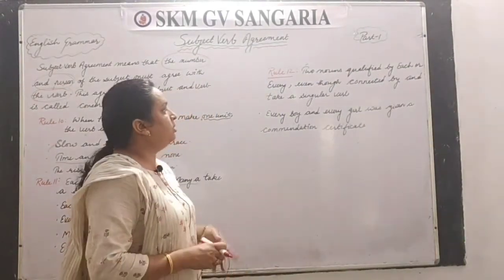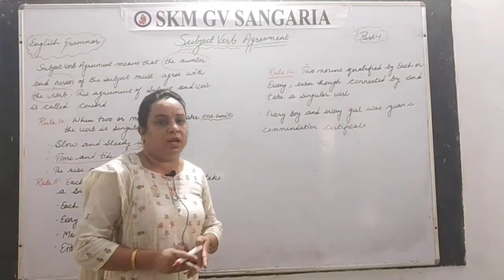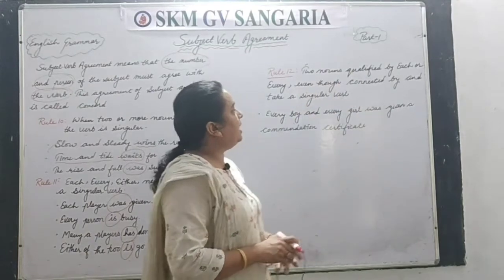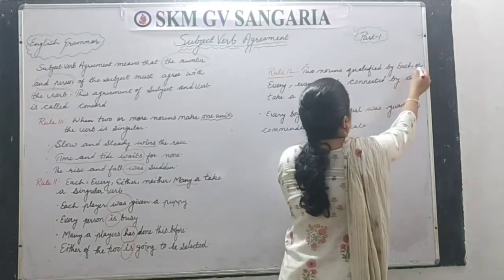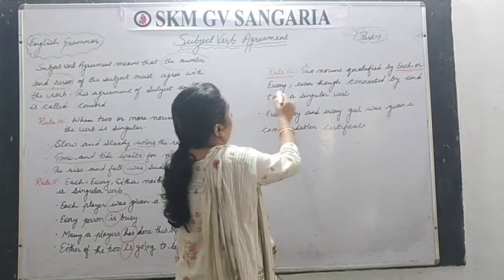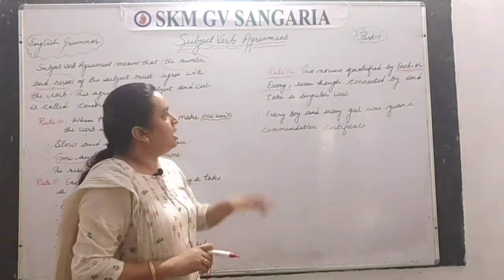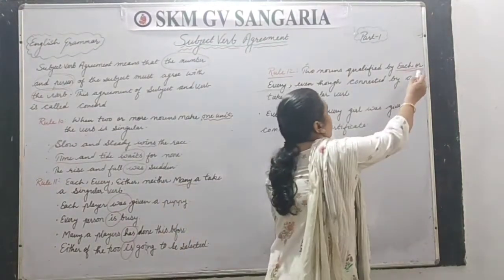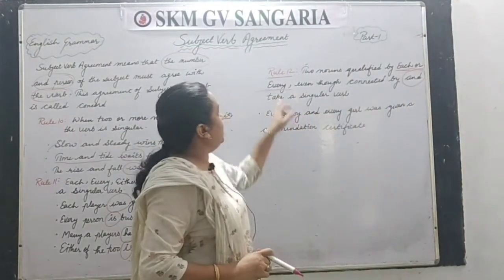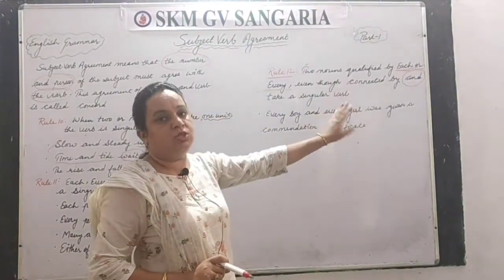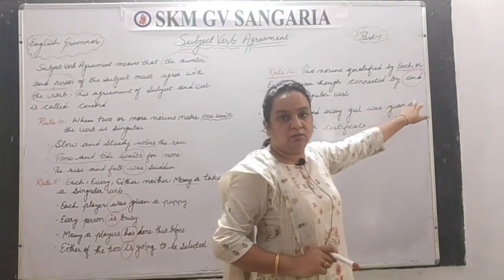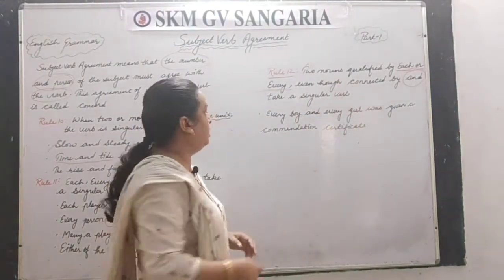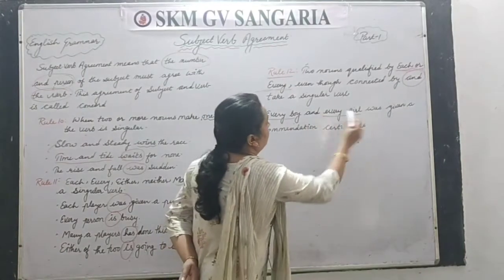Next, rule number 12 for today, and the rest we will do in our next videos. Rule number 12 says the two nouns qualified by each or every, even though connected by "and," take a singular verb. If there is the word each or every in the sentence, this is very important. For example, every boy and every girl.